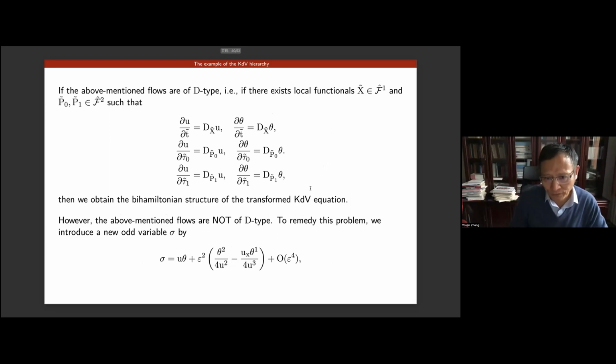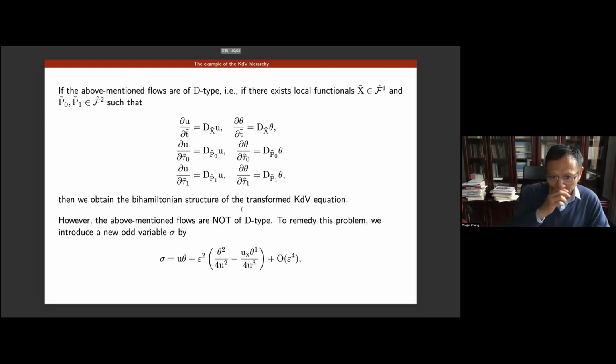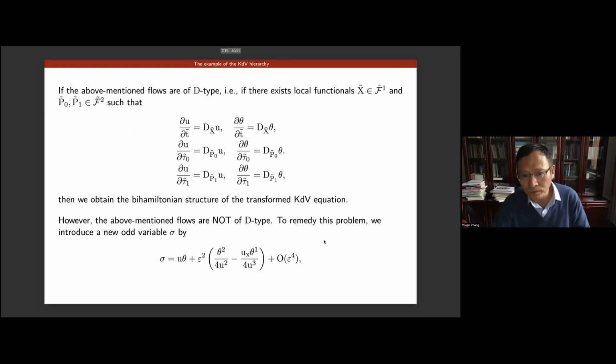This is actually quite natural, but this transformed system in the original coordinates u and theta, where theta is the odd variable and u is the even one, is actually not D type. The right-hand side vector fields are not D-type vector fields.